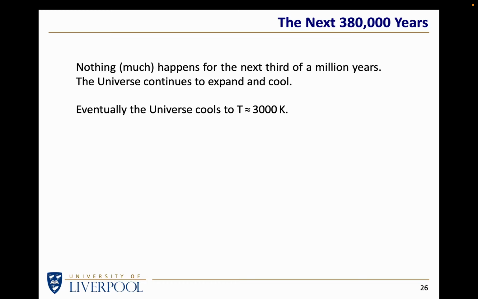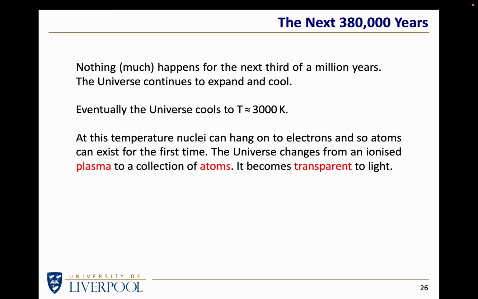Prior to this, the universe was too hot and they would shake themselves apart and the atom would ionize. But from this point onwards, it's possible for a proton to hang on to an electron, and hence it is possible for atoms to form. This is the first time in the universe where atoms are able to exist.